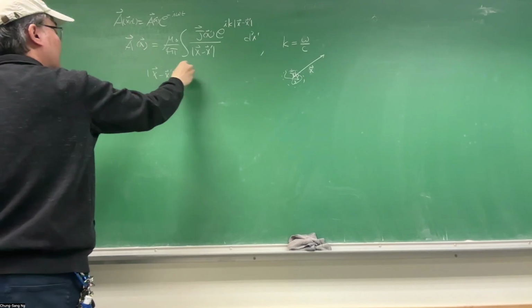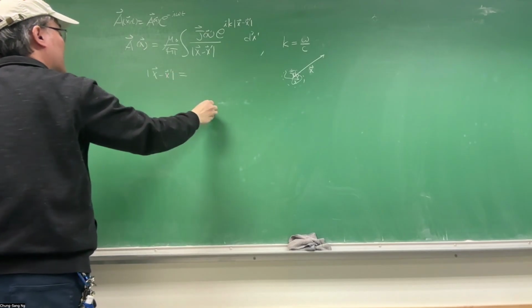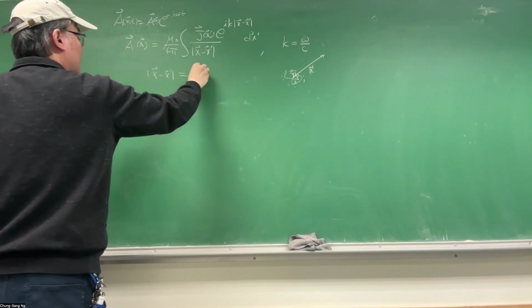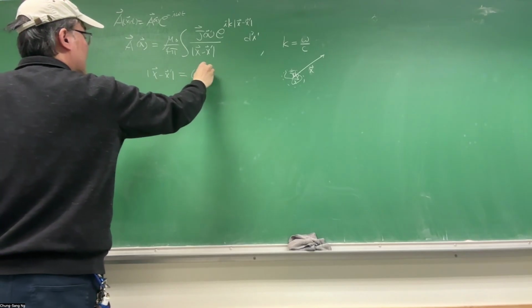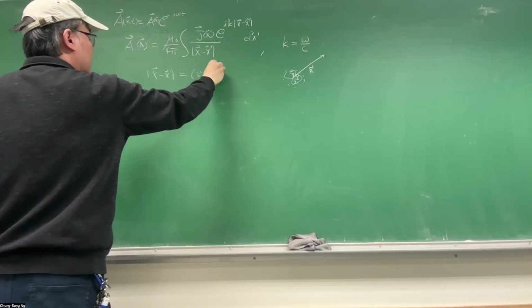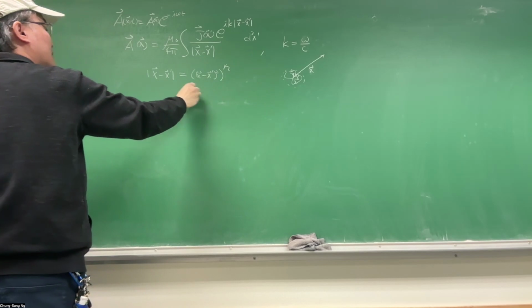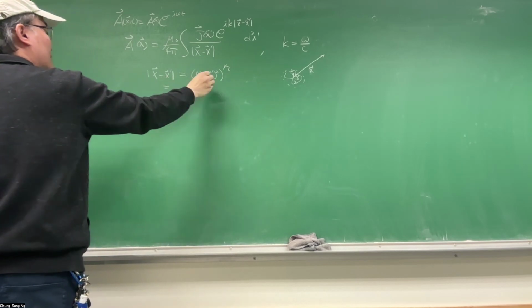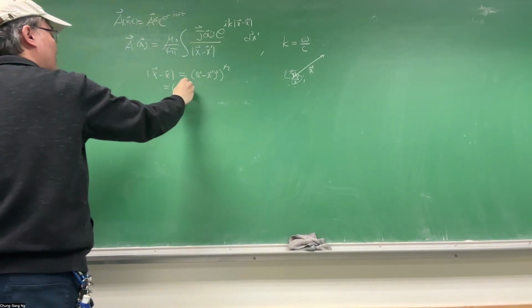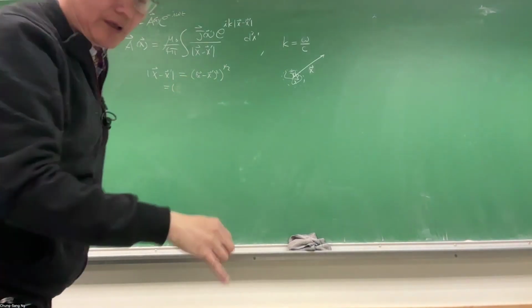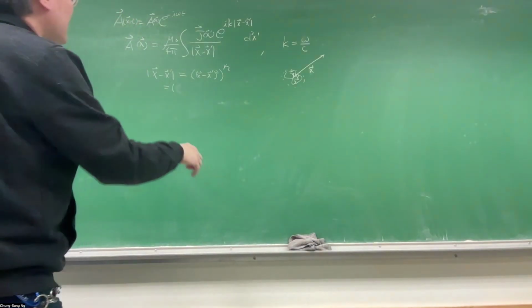It's just the square root of |x minus x prime| squared.